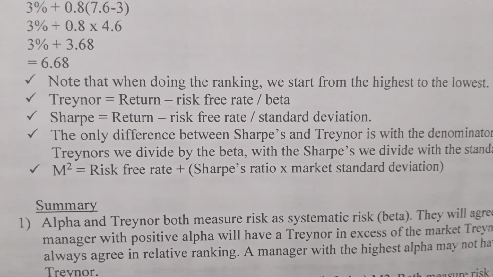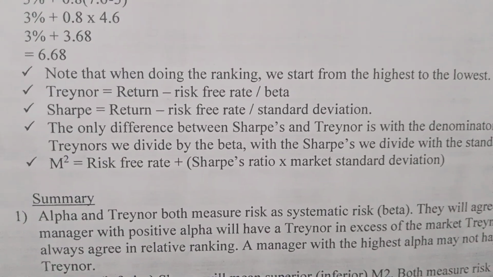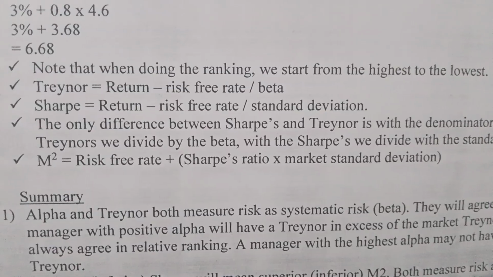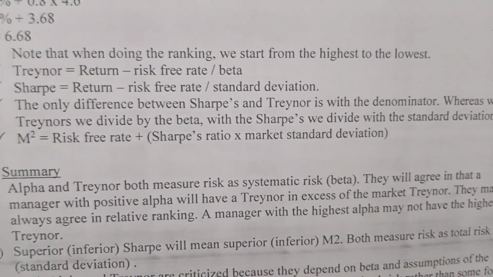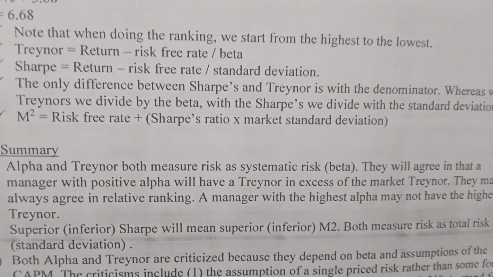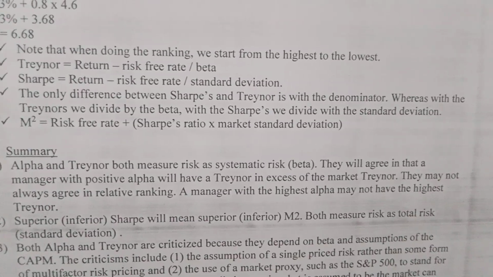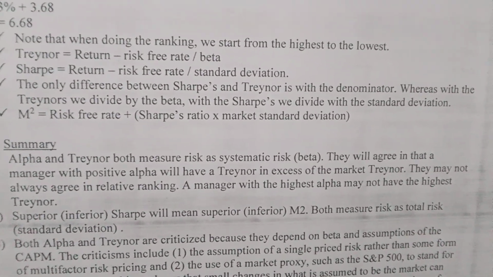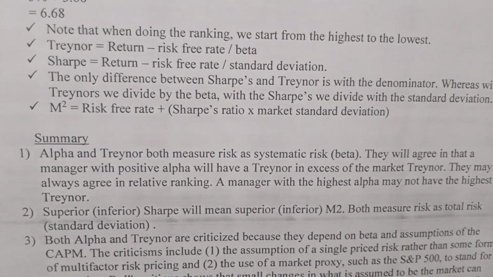Whereas for Treynor, we divide by the beta factor, the Sharpe's measure, we divide by the standard deviation.